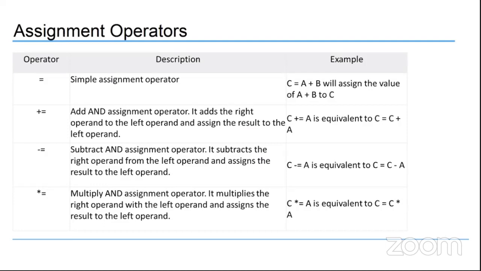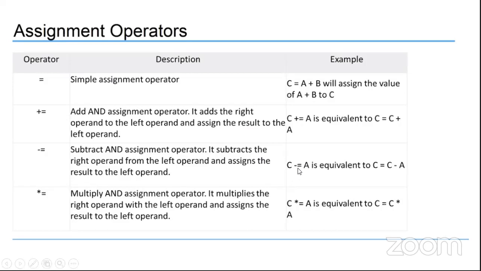If I run the loop with c plus is equal to a, and assume a is equal to 1, the first time c is equal to 0 plus 1. On the second iteration, c is equal to 1 plus 1. So for loops, we use this assignment operator.